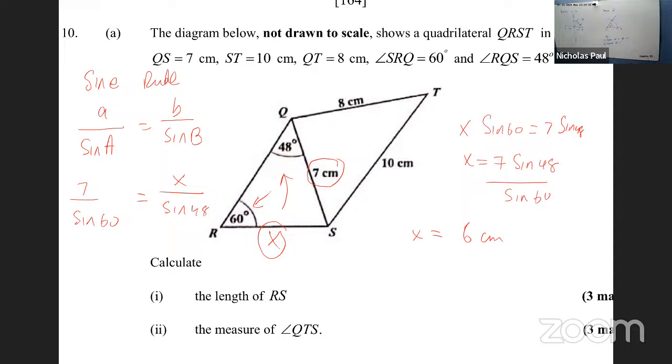Next is to find angle QTS. QTS is here. So in order to find QTS, we have to use cosine rule. This one I'll do back on the board, but I want you to take your time when you find theta. Try it. Use cosine rule, and you have to find theta, sorry.